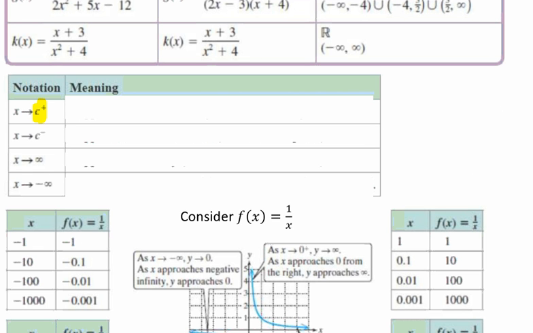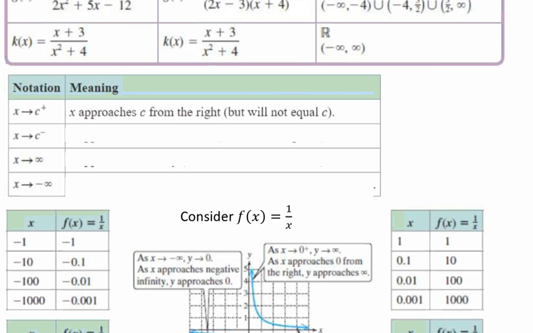What does it mean if it says x arrow c to the plus? Well, what that means is we're looking at x as it approaches c from the right, but it will never get to c. So that plus sign means that we're looking at the right-hand side.